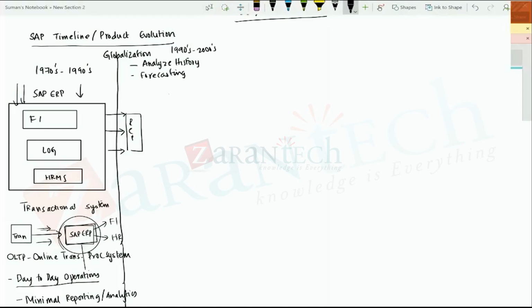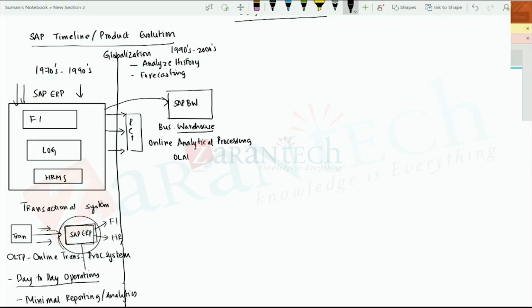SAP created a new set of products. The first product is referred to as SAP BW. SAP BW is nothing but a data warehousing solution. As the name warehouse points out, all the data that was originally stored in your ERP system was pushed into another platform in SAP called SAP BW, which is an online analytical processing system, also referred to as an OLAP system.